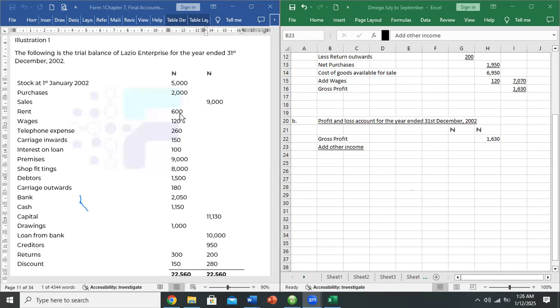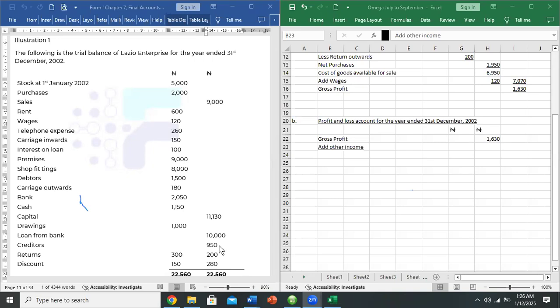Examples were discount received, commission received, investment income, rent received. The clue I gave you was that you will find them at the credit side because they have credit balances.